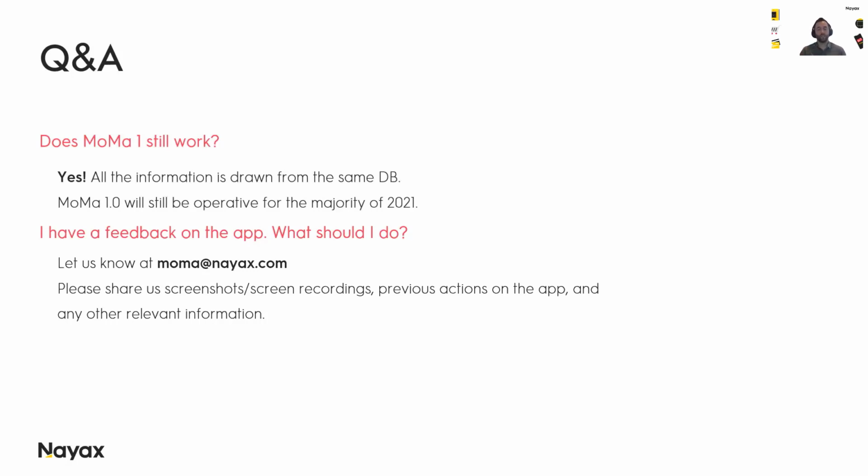Just as a request, when you're sending us information on the app, please share screenshots or screen recordings or previous actions on the app or any other relevant information that you have, so that we will know what led you to send us that specific feedback. That information can be really helpful for us.